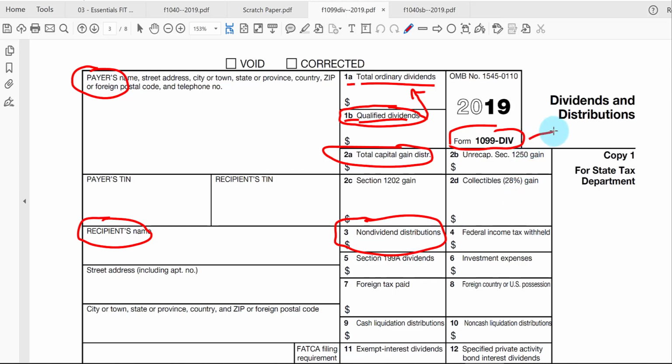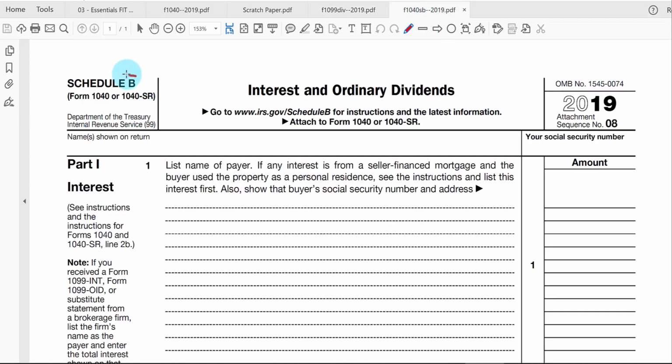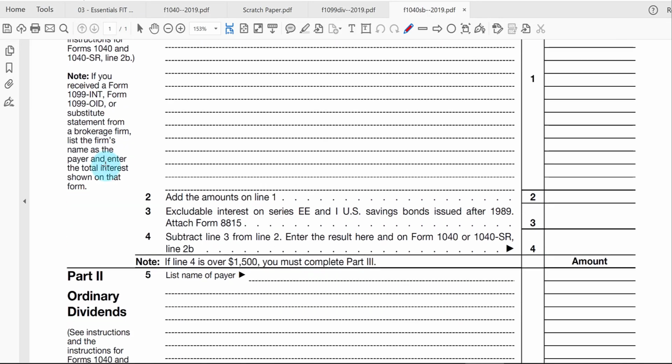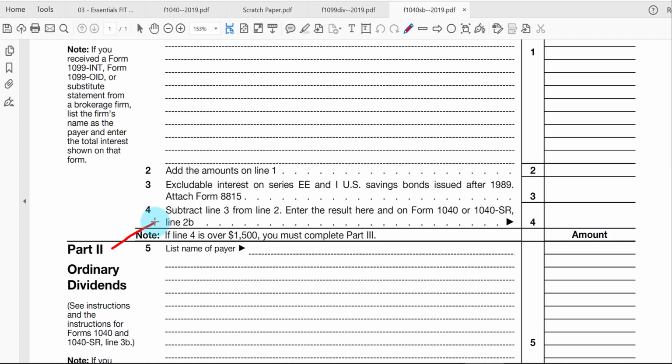Now, if the dividends total more than $1,500 for the year, this ordinary dividends, we need to fill in this Schedule B that we had seen previously when we were summarizing the interest income here in part 1 of that Schedule B. But now for dividend income, we would use this part 2. Notice the term ordinary.